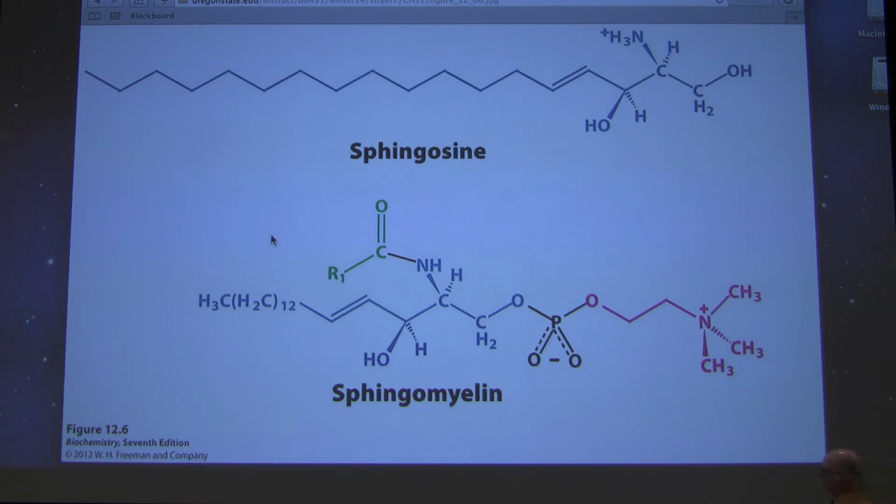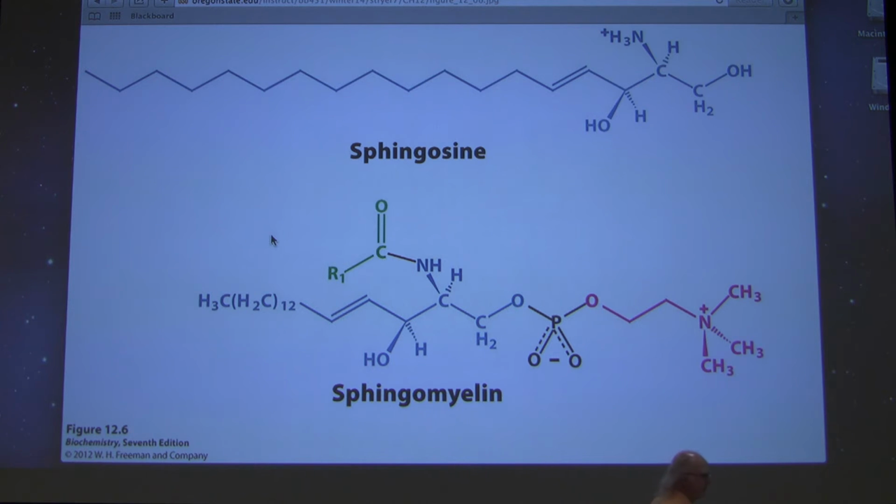All right? Well, the overall structure is something we call sphingomyelin. Sphingomyelin is a sphingolipid. It's unusual in having a phosphate. Other sphingolipids don't have it. And it's a very important component of what's called the myelin sheath of nerve membranes. If you have trouble with your sphingomyelin, you're going to have significant problem with your neural membranes. There are many diseases associated with that.